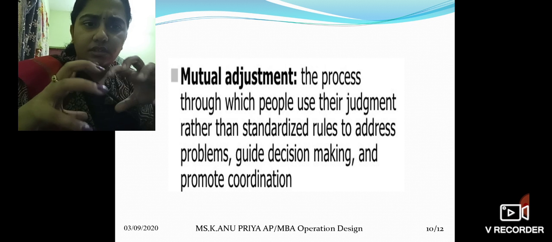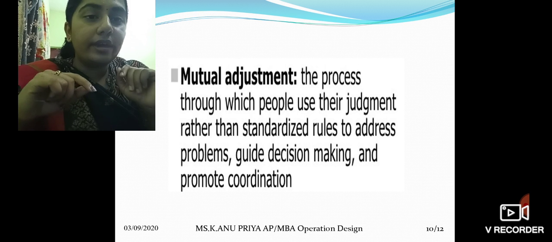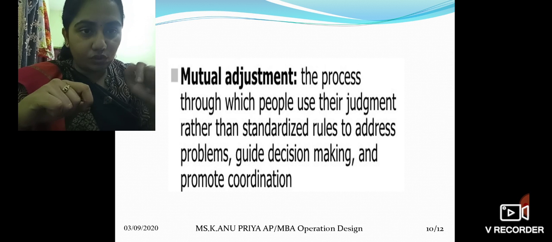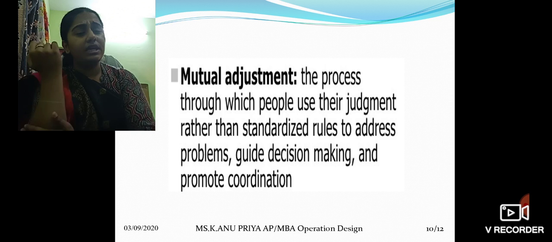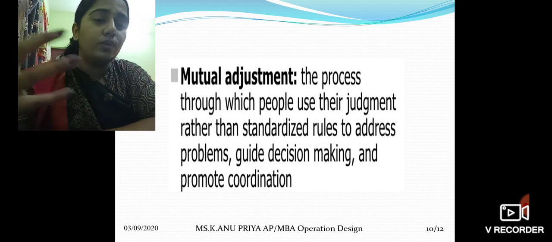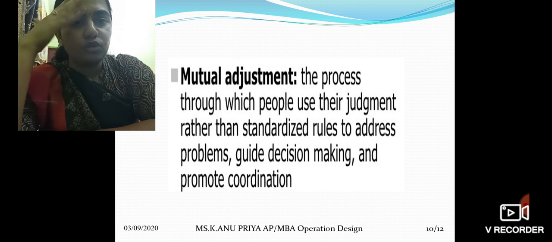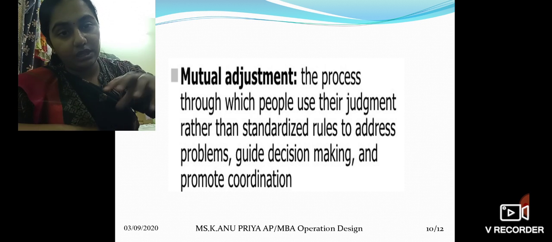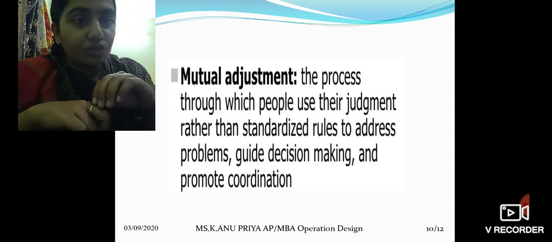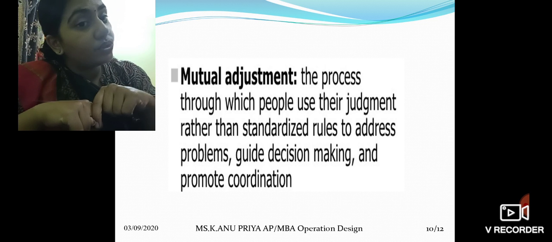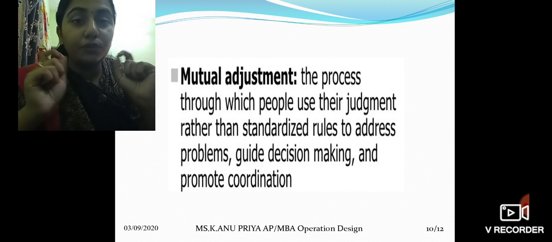Each and every individual of the group should be okay with the decision he has taken, so he has to ask all the persons working on the process. Coordination is a major thing that has to be promoted in the organization. This is mutual adjustment.